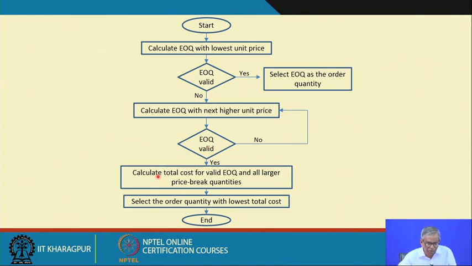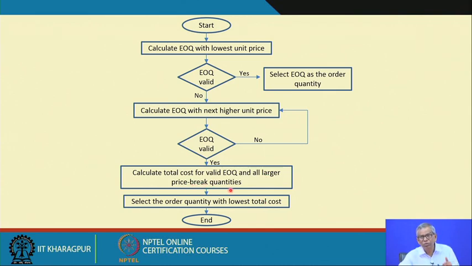If it is yes, then calculate total cost for valid EOQ and all larger price break quantities. Beyond the valid EOQ, you may have 3 or 4 larger price break quantities, that is the minimum quantity against a particular price that is offered. So that is basically called the price break quantities.